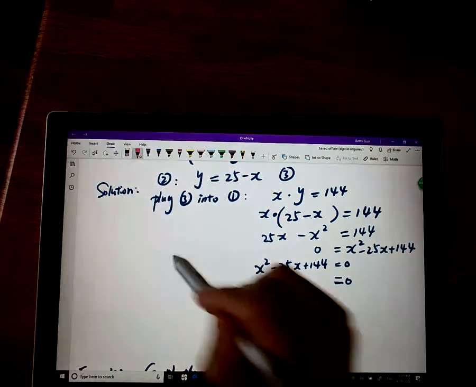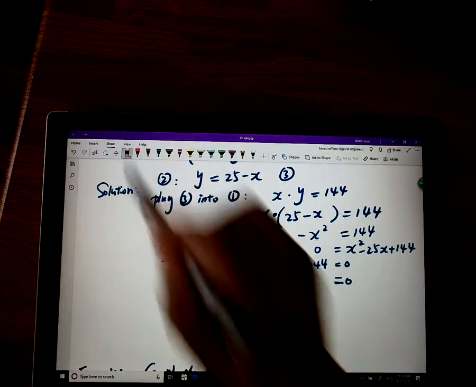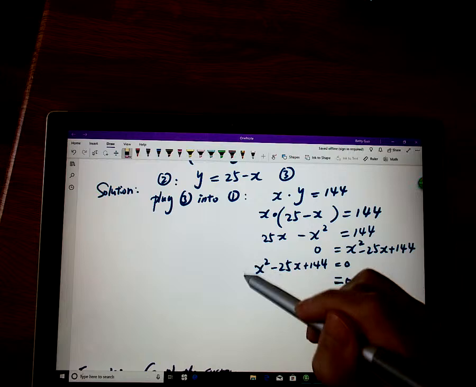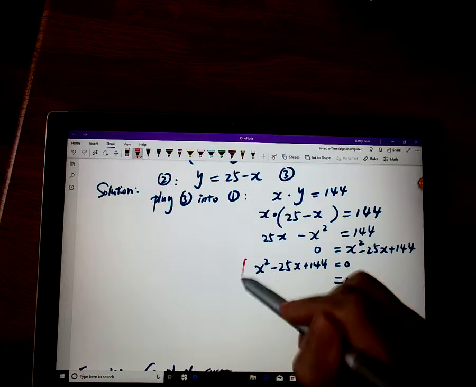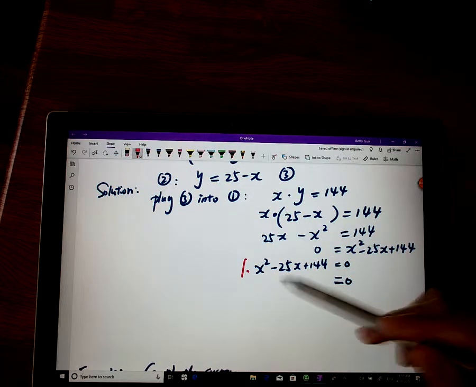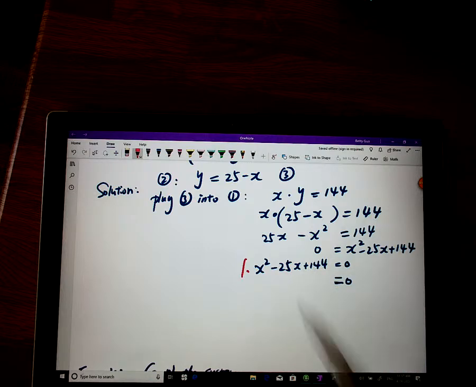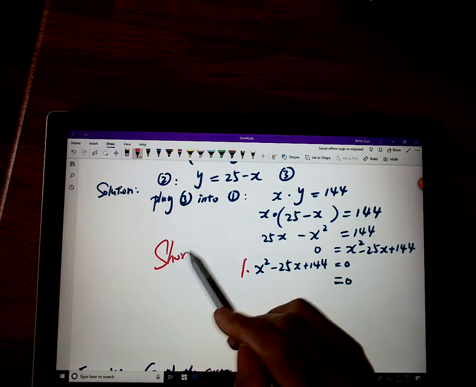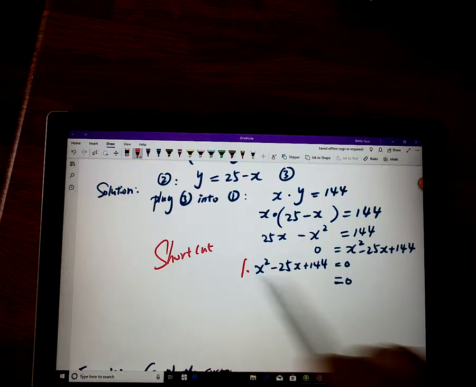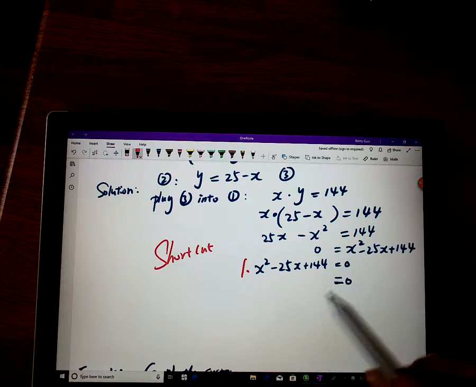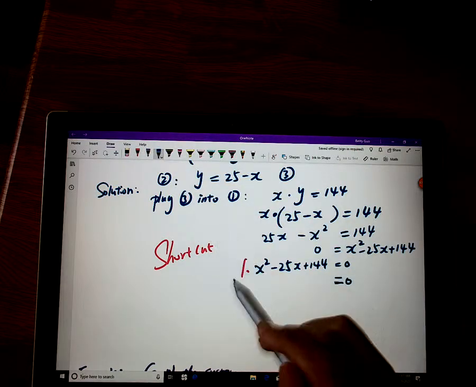Remember our slide method. Well, hold on, we actually don't need it because the leading coefficient is 1. Let's try to factor the trinomial on the left by using my shortcut method.